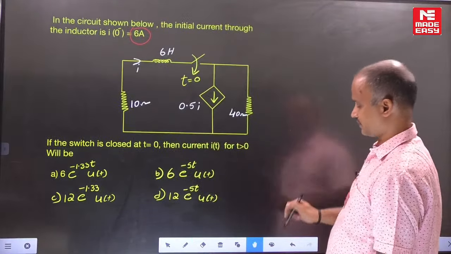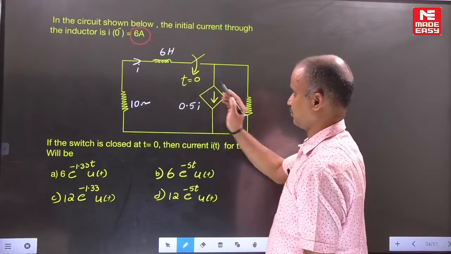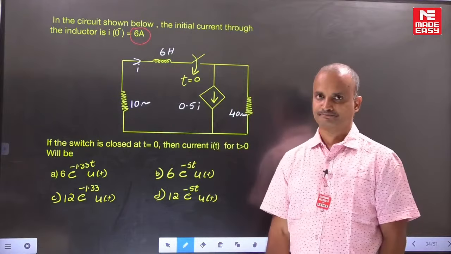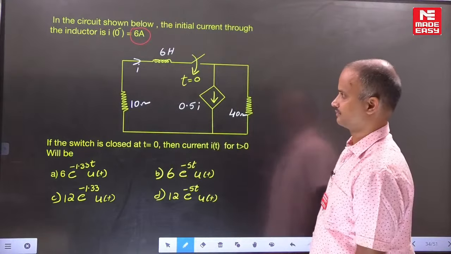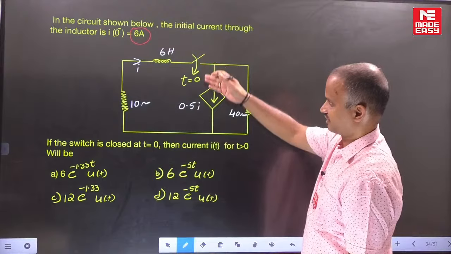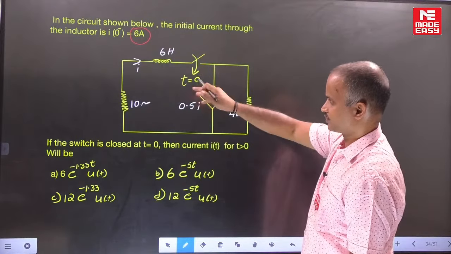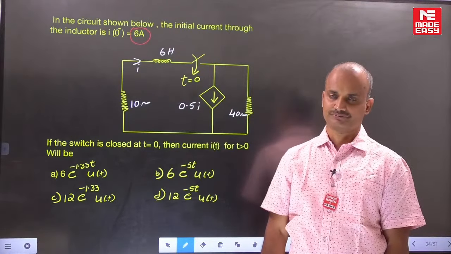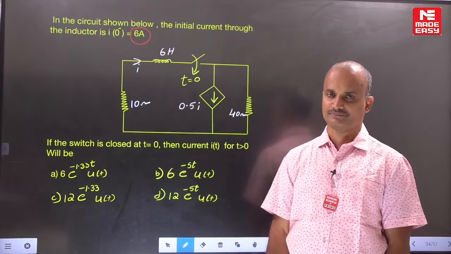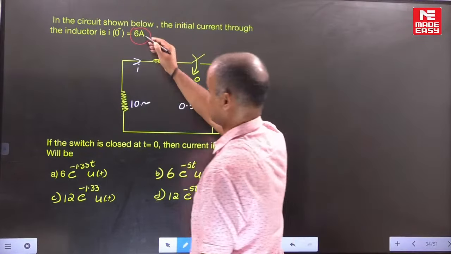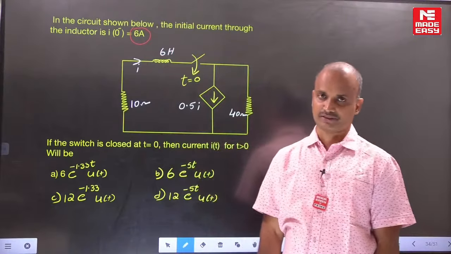If you observe carefully, in this particular example no independent source is given. That means after operating the switch, the action of the inductor will be discharging only, because no external sources are connected. The question gives some initial current for the inductor, so it is a discharging inductor.